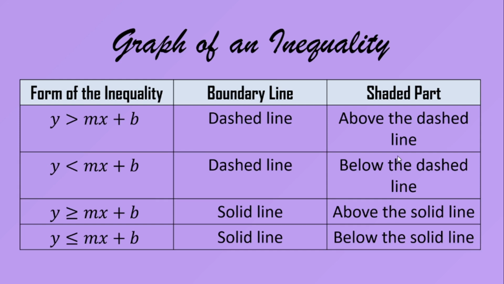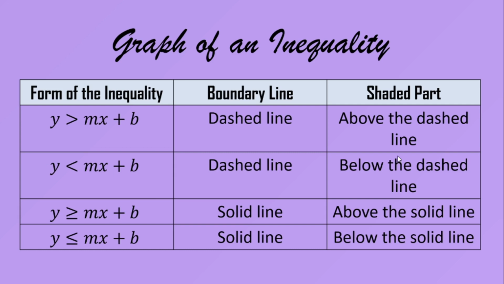Kapag si y ay greater than mx plus b, di ba sabi ko nga kanina, pinakita ko naman yung boundary line, kapag greater than, automatic ang boundary line na gagamitin nyo ay dash line. And kapag shaded part naman, kapag siya ay greater than, kasi nga, greater than, mas malaki, di ba? Above the dash line ang shaded part.